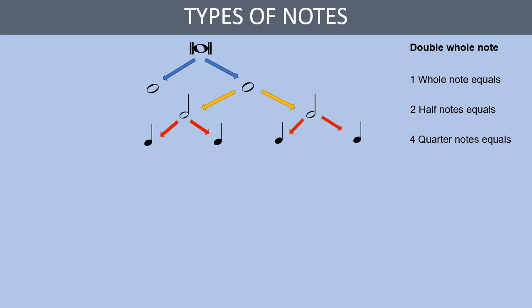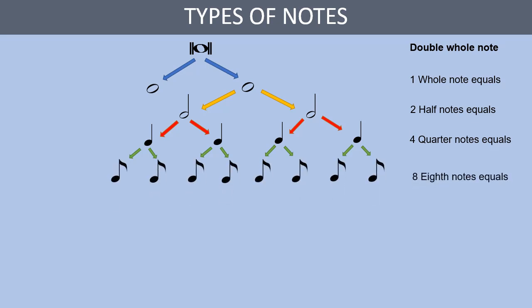Now the quarter note can be split down, and this time we are going to get 8th notes. When we split each quarter note, we get 2 quavers, which are the 8th notes. So when we split the 4 quarter notes which made 1 whole note, we get 8 quaver notes. What we are saying in essence is that 8 quaver notes give us 1 whole note.